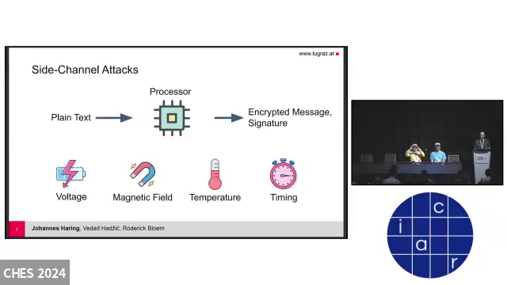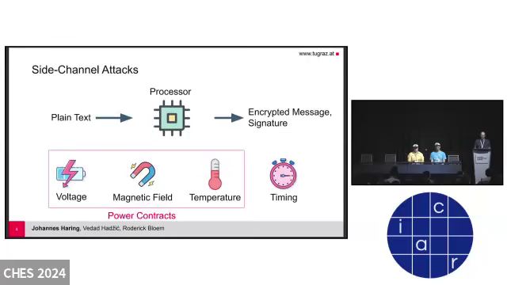A processor emits side channel information in the form of voltage differences, the magnetic field, the temperature, and timing of a certain operation. And this is obviously bad. This is something we want to avoid. And today I'm going to talk about power contracts, which target 3 of those kinds of side channel attacks.